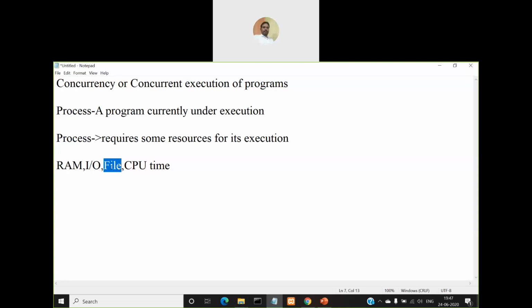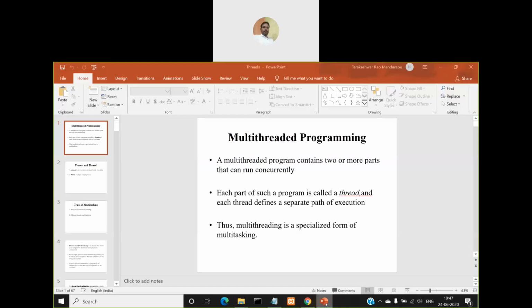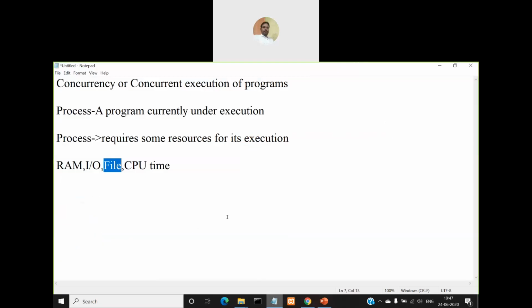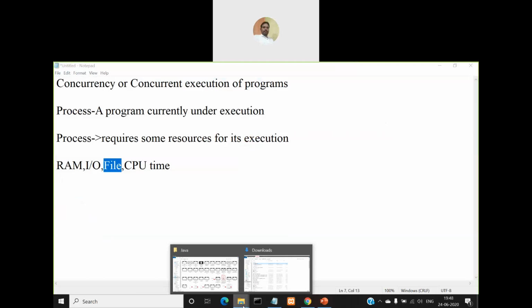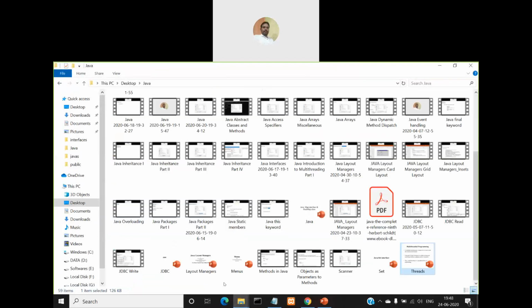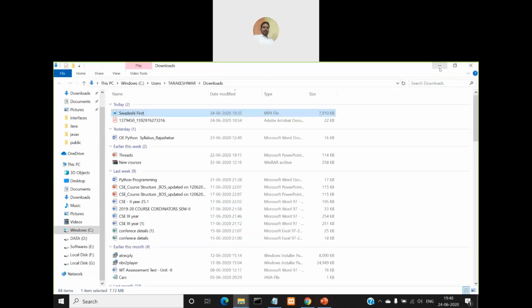So at this point of time, when I'm using my system, I'm using a PowerPoint presentation, right? I've opened a browser, and the browser has many tabs, and I've opened a notepad and am typing something in this, and I have opened even the file folder, all these programs. Now this folder window is one program or one process because it has been opened.